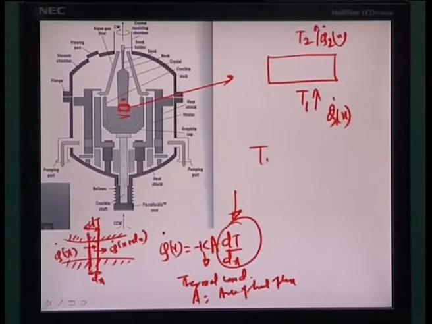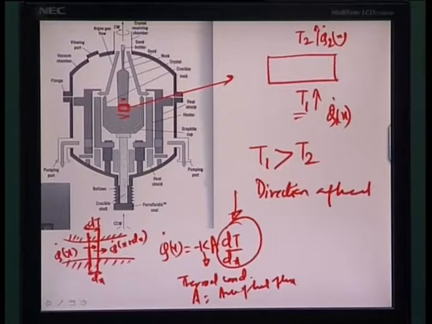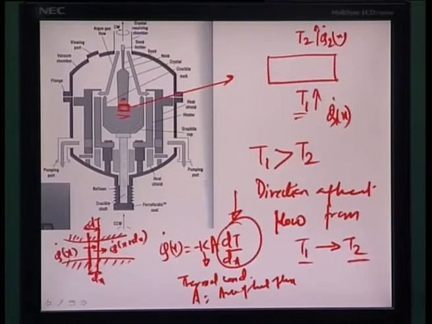Let us suppose that T1 is much greater than T2, because T1 being in the liquid state would have a higher temperature than that in the solid state. So the direction of heat flow, by using Newton's law of cooling, would be from T1 to T2, from the higher temperature to the lower temperature.